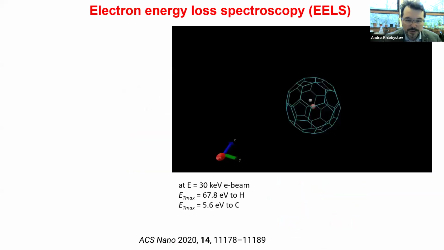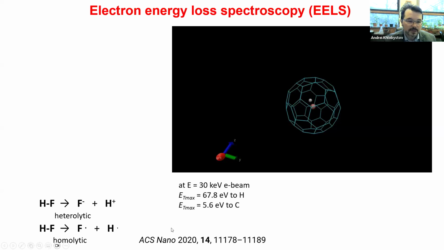And this is very important because at 30 keV, the energy transfer to carbon can be up to 5.6 eV. So this is not enough to remove a carbon atom from the nanotube and even from the fullerene. That's to protect our sample from degradation in the electron beam. The maximum transferred energy to the hydrogen atom is 67.8 eV at this energy, which is still very high.